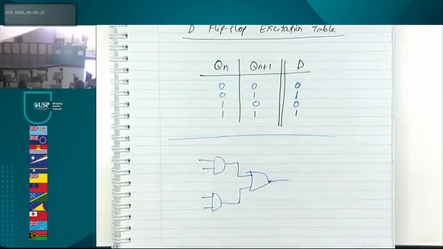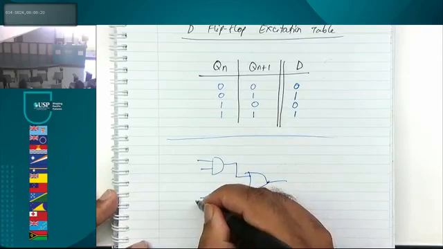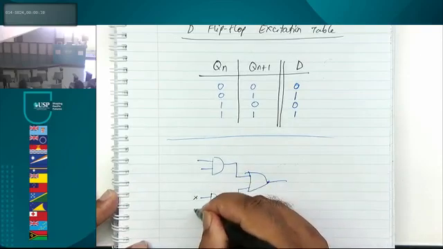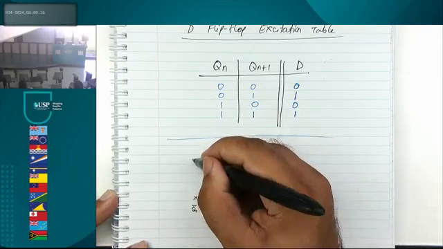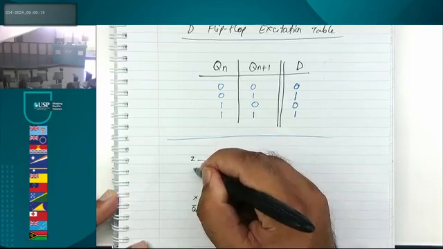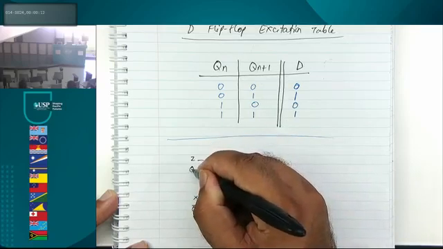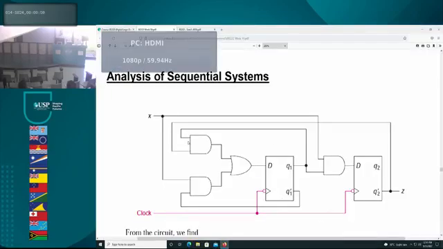Can you tell me the 4 inputs, guys? This was X. This was Q1 bar. This was Z. The second line was Z. The other one was Q1.